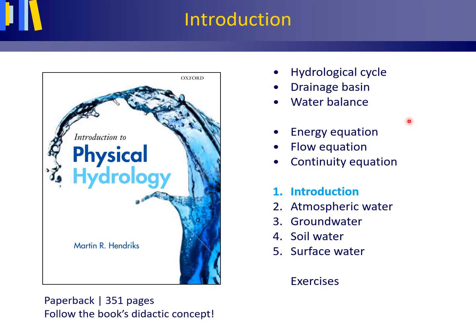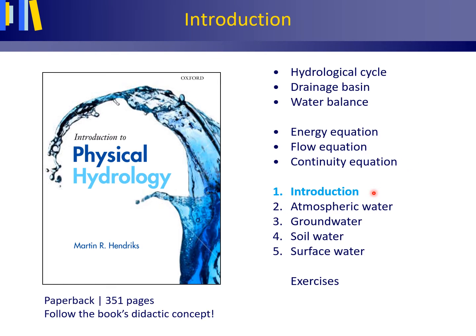The book will deal with a number of equations which are stated here: the energy equation, the Bernoulli equation, the flow equation, which is Darcy's law, de wet van Darcy, or the Darcy-Buckingham equation, and the continuity equation, the water balance equation.